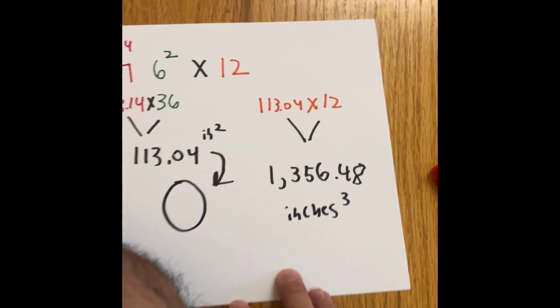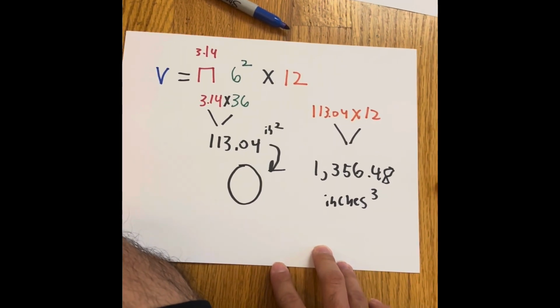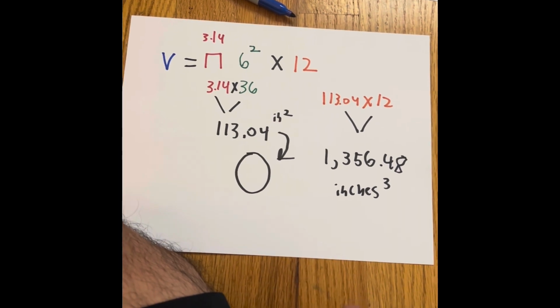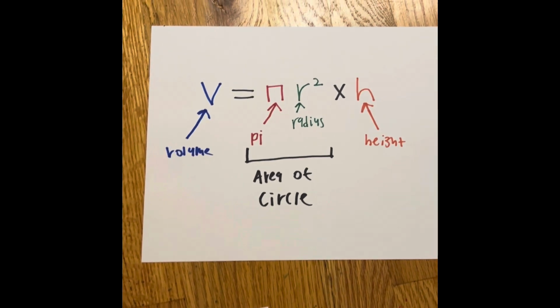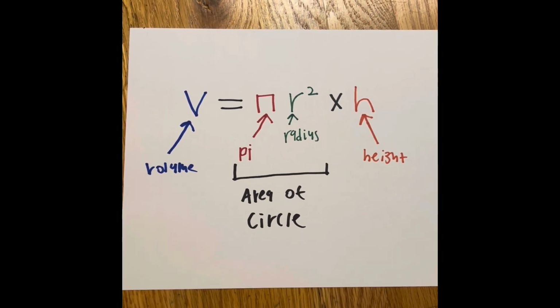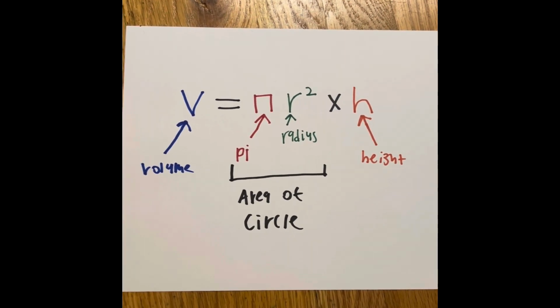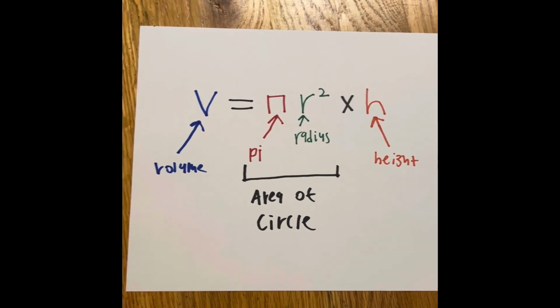So yeah, we have completed the problem. We went from the area of a circle to the volume of a cylinder. Sometimes formulas will have smaller formulas inside them because you might need one to solve the other.